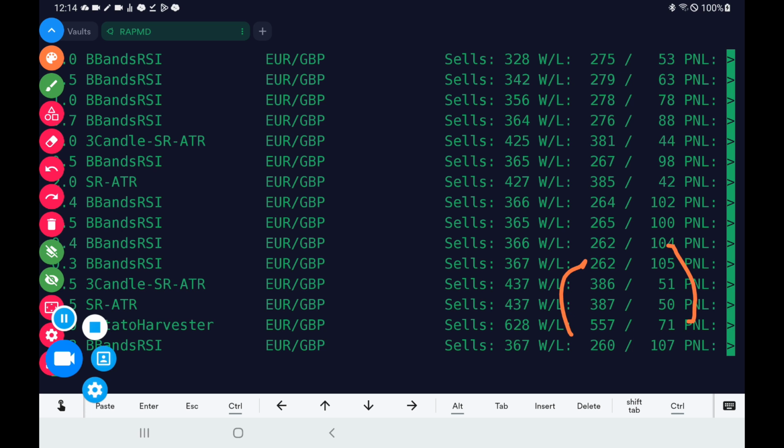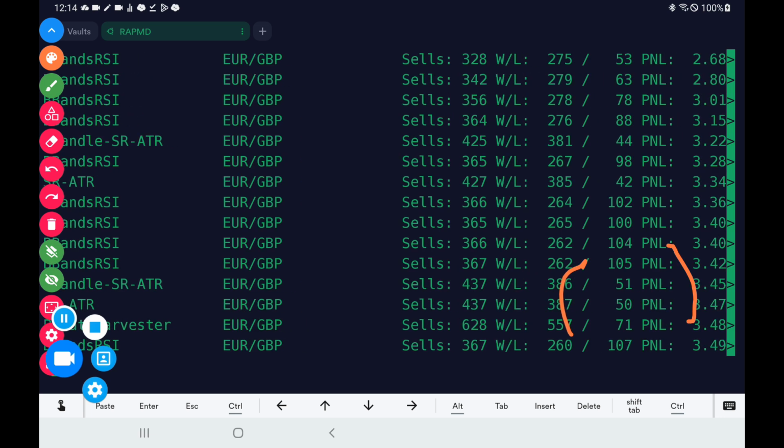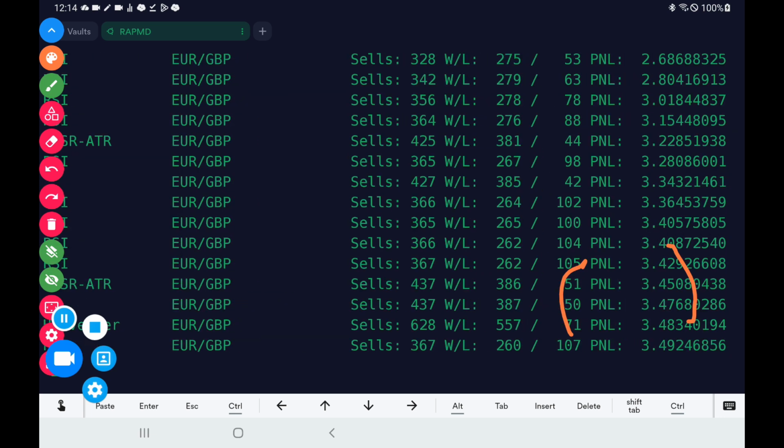Both of them have exceptional win rates. This is a 6-to-1 win-to-loss ratio. This is amazing. And it brought in roughly $3.40 some odd cents from both strategies.